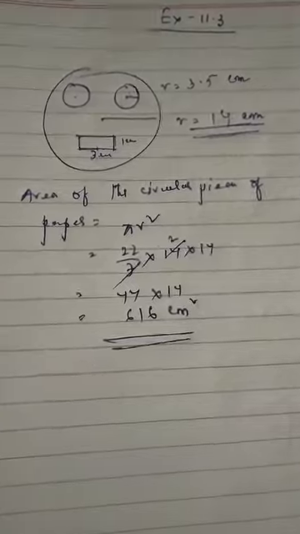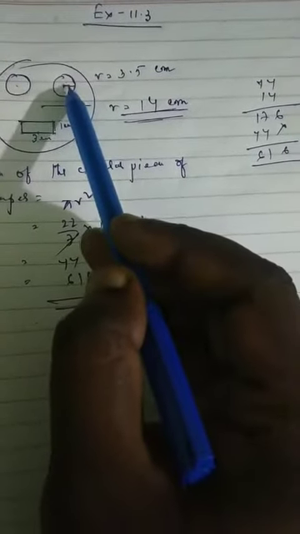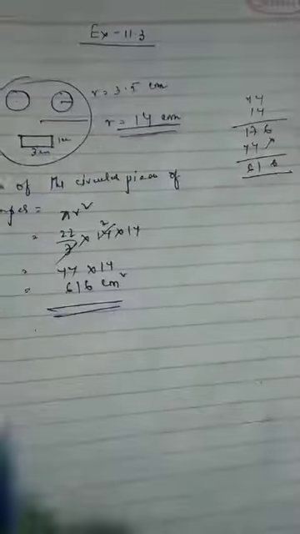The area is 616 centimeter square. Now apart from this, as we can see, there are two small circles of the same radius. So let us find the area of one small circle. I'll write: area of smaller circle is equal to pi r square.